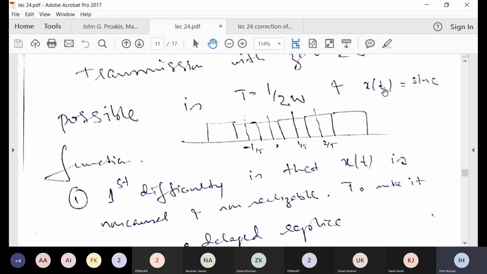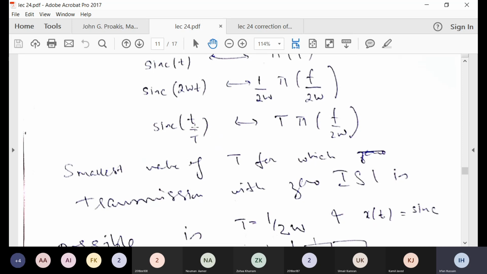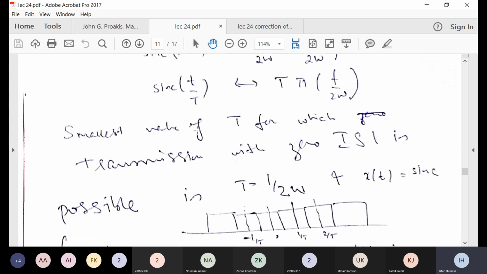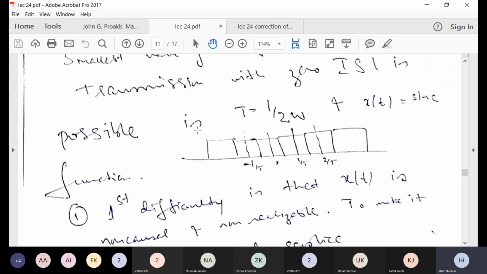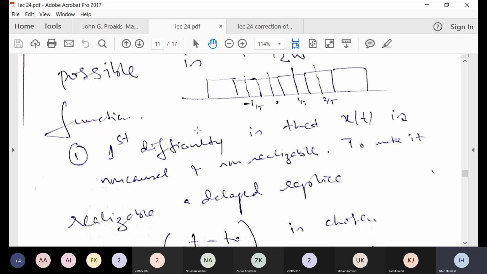As well, you can see it also satisfies the Nyquist criteria in time, because the sinc function is 1 at t is 0, and at all integral multiples of T, which correspond to nT or intervals of sampling time, the sinc function is 0. So it will satisfy the time and frequency domain. But there are issues with this sinc function, and the major issue is its non-causality.